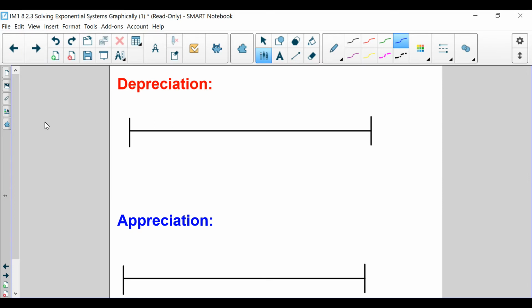So in a linear model, we know that we go from 0% to 100%. And the original value is always considered 100%.